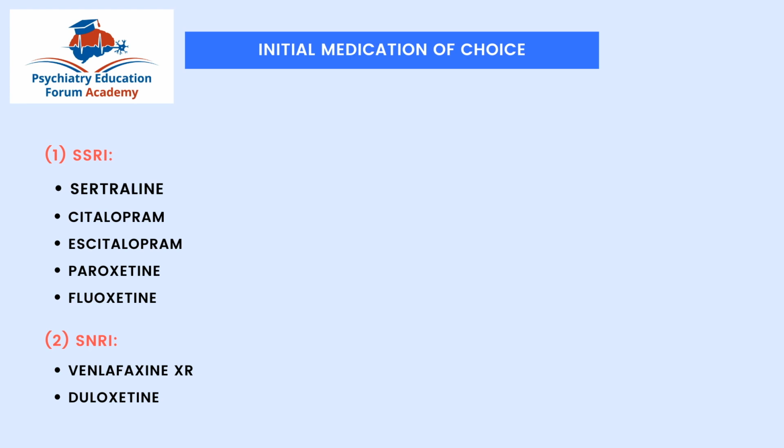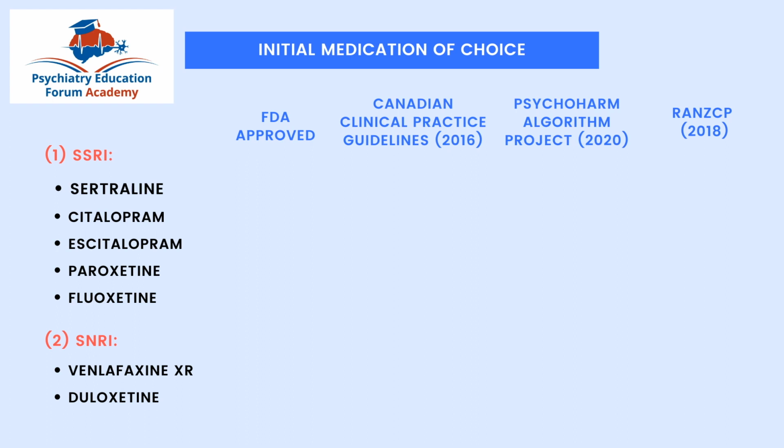Let's understand which one is better if we have to choose our first medication among these 7 options mentioned here. We know there are many randomized controlled trials for these medications, and I don't want to go over each one, otherwise this will get confusing and make a very long video. To make it easier, I will compare these medications against 4 guidelines. First, which medications are FDA approved for generalized anxiety disorder.